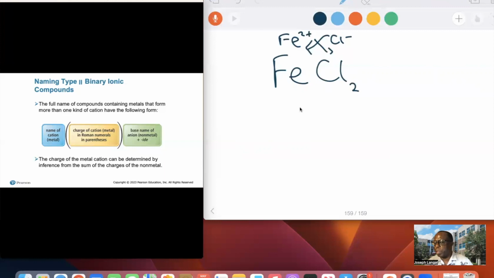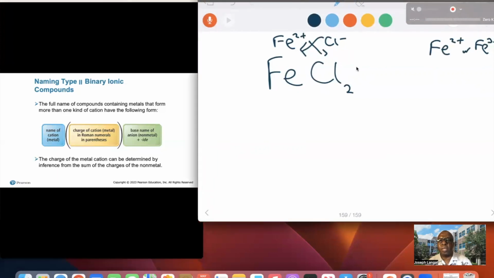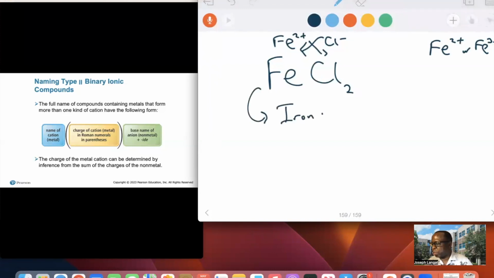How do I know? At the outset, you should know that there is iron 2 or iron 3. It will never change. It's a question of memorizing that. Let me just write this here: iron 3 and iron 2. So this will be iron 2 chloride.